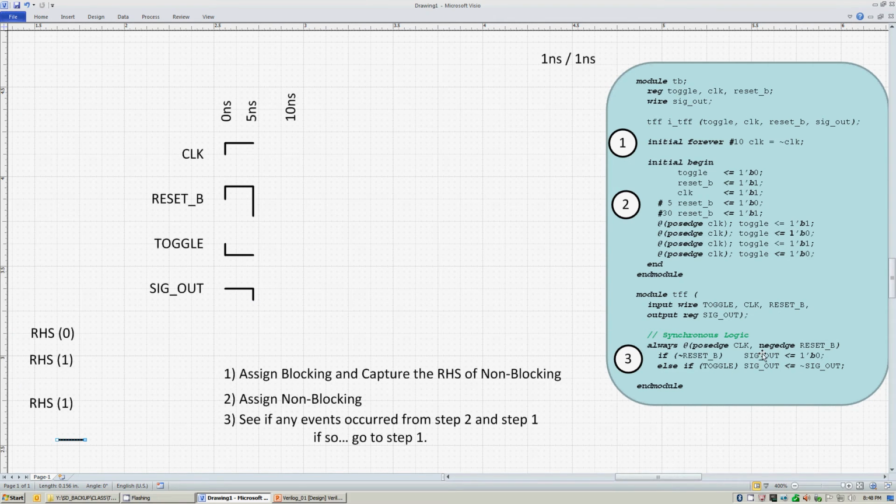And again, we take the right-hand side. We then go ahead and see if there's any blocking assignments remaining. Then we come back and we basically assign it. Now, since the next assignment to occur in process 2 is going to be 30 nanoseconds later, we can actually go ahead and just extend this out for 30 nanoseconds because we know it's not going to change.